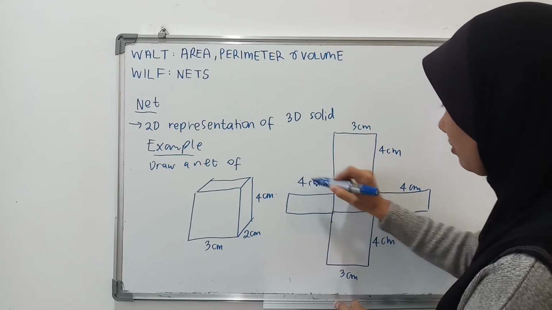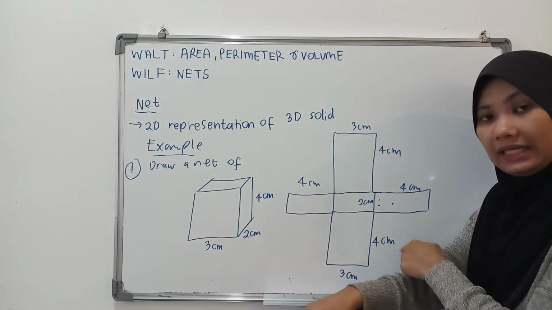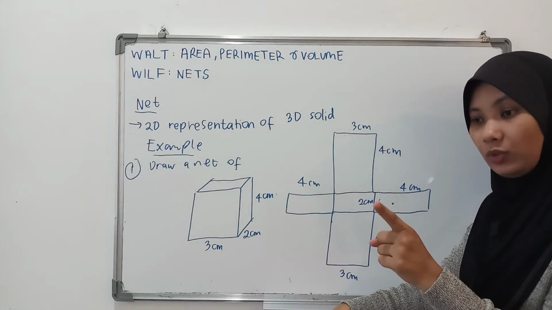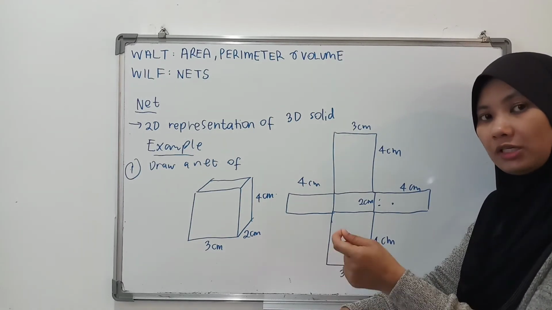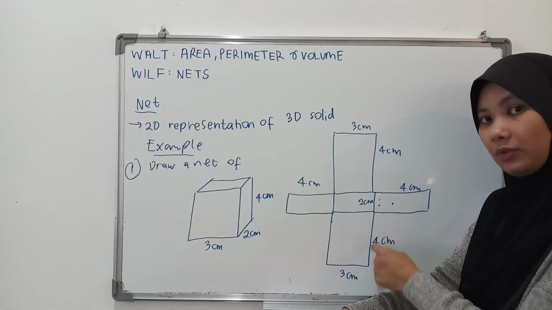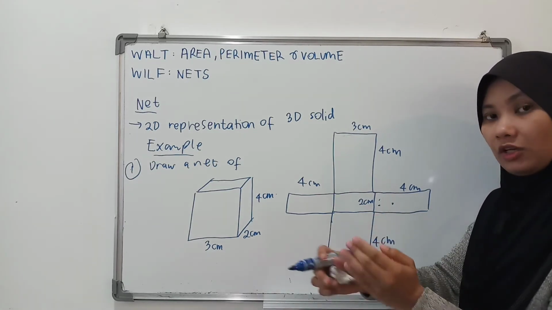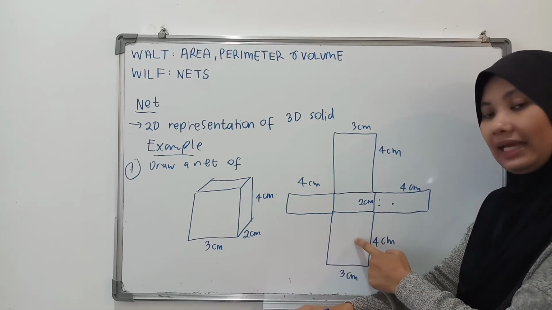So you should get something like this. But make sure inside your book, you use the correct dimensions. If it's 3 cm, use the ruler and make sure it's 3 cm. If it's 4 cm, make sure this height is 4 cm. So when you open this solid, you should get a net like this.